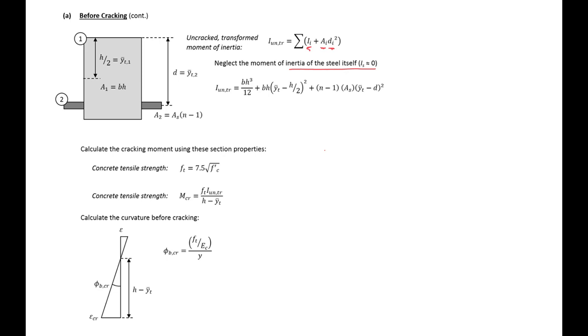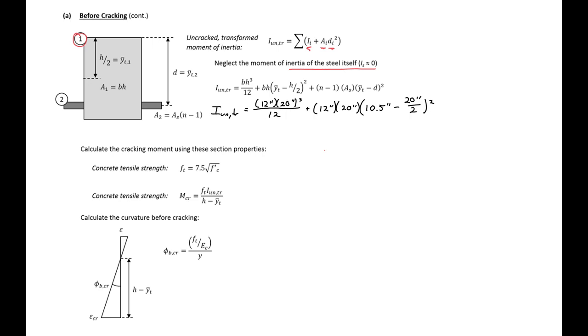Here we can see that our I uncracked transformed is going to be equal to our 12 inches times our 20 inches to the third divided by 12, plus 12 times 20, the area of our first section here, times y bar t, which we have as 10.5, minus our h over 2, so 20 over 2, and all this squared.